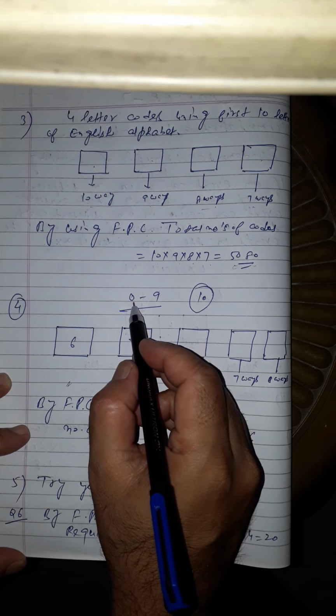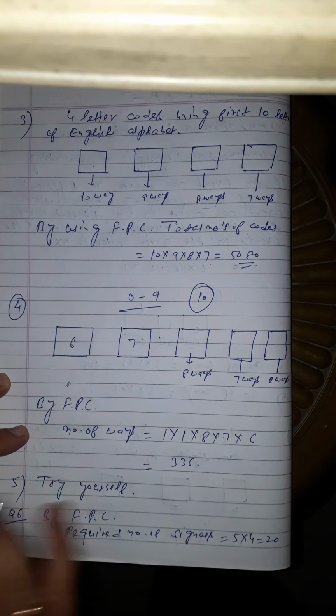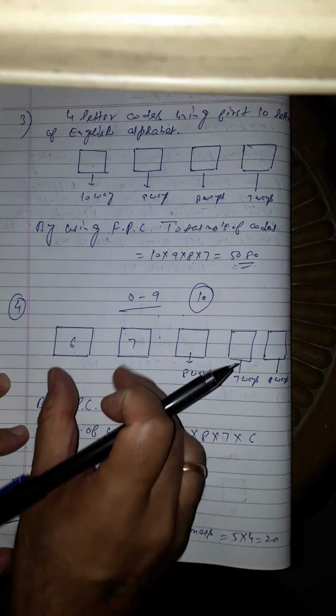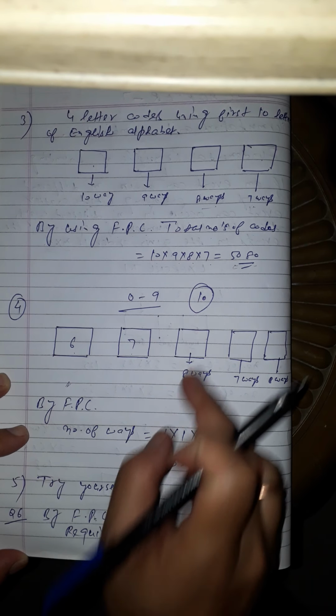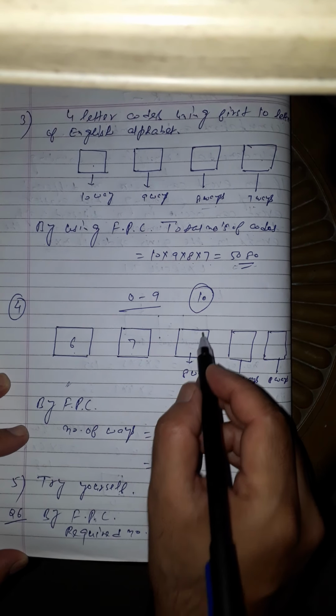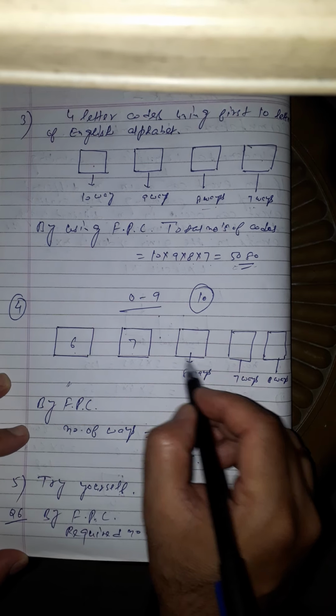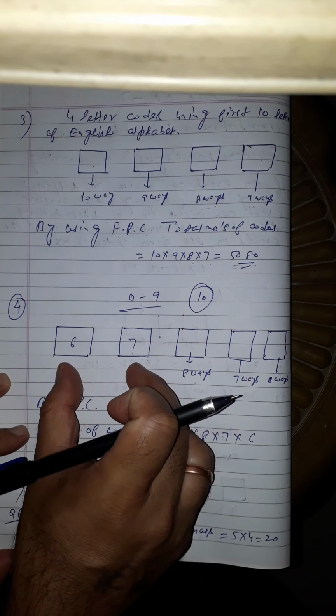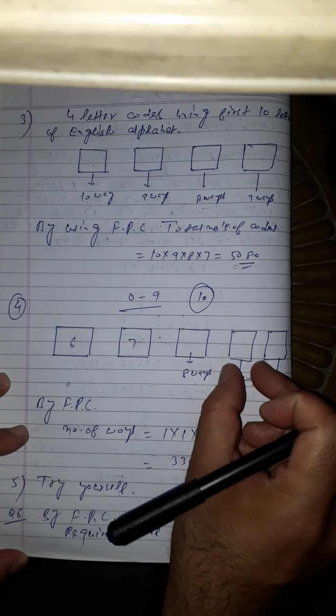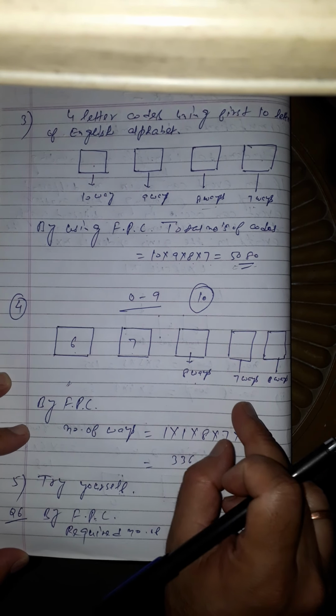There are 10 digits if we count 0 to 9 here, but the 6 and 7, the first 2 digits, are fixed, which means we have 8 left. On the next place, we have 8 ways now because 2 are fixed. At the fourth place there are 7 ways.